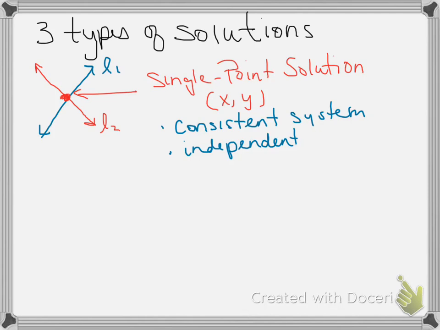So the single point solution, the consistent system, and independent all mean that the two lines touch one time, and they only touch one time.